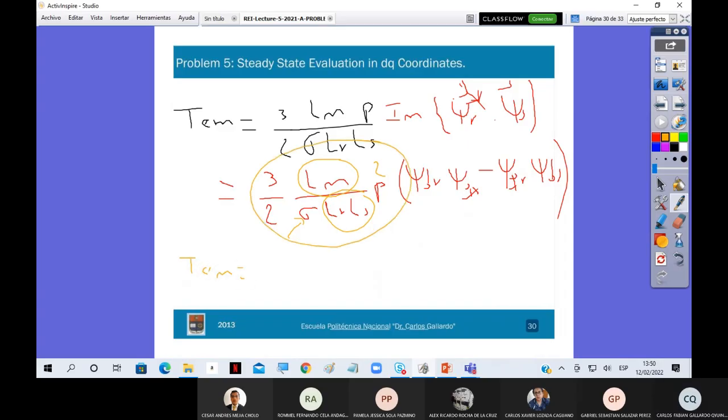So this term, the value is 17,147 times, I will have 1.6 times 0 minus 0.43 times 1.81. Therefore, the electromagnetic torque is equal to negative 13.6 kilonewton meter, okay? This is the electromagnetic torque.